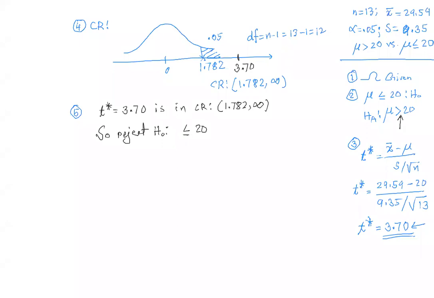If it is to the right, this symbol greater than, then you do the right tail. If it is to the left, you do the left tail. On the other hand, if it is not equal to, then you have to do both tails. In that case, you have to divide alpha by 2 and distribute it accordingly. Okay. All right, that makes sense. Thank you.